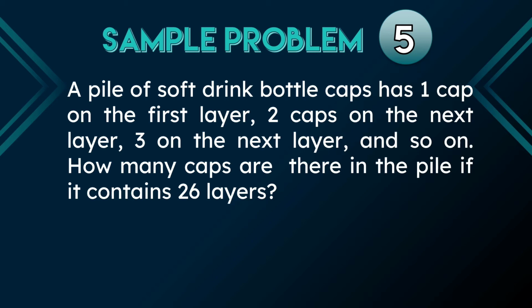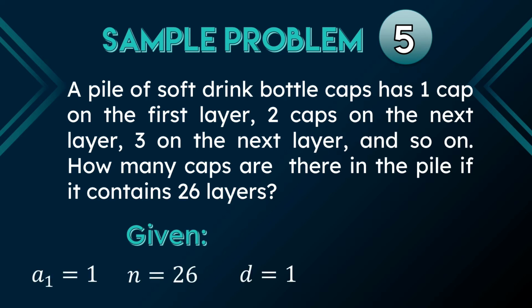From the problem, we can deduce that the terms of the arithmetic sequence are defined by the number of bottle caps in each layer, while the number of terms in the sequence is represented by the number of layers in the pile. With this, we can now have the given on the problem, which are the first term, 1, the number of terms, 26, and the common difference, which is 1.